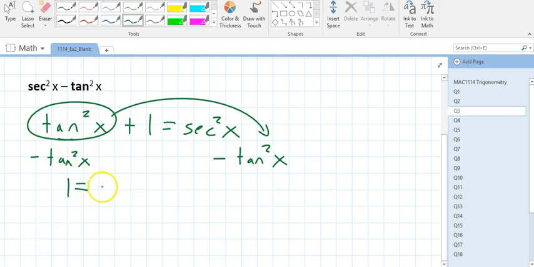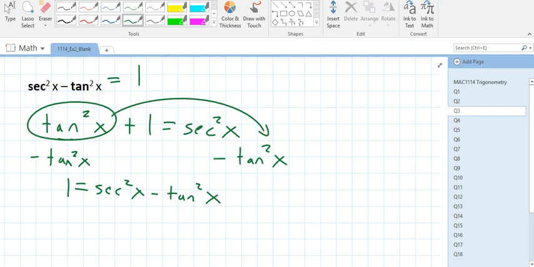So 1 equals secant squared x minus tangent squared x. So what happens to this answer in the end? It's going to be 1, because we just showed that secant squared minus tangent squared is 1.